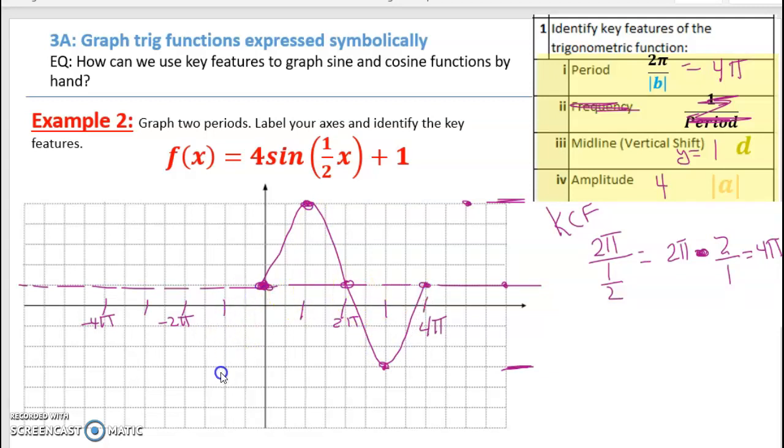Then I can continue this pattern on to cover the rest of my graph. And I need to see those dots made when you make your graph. You can continue that pattern over there.